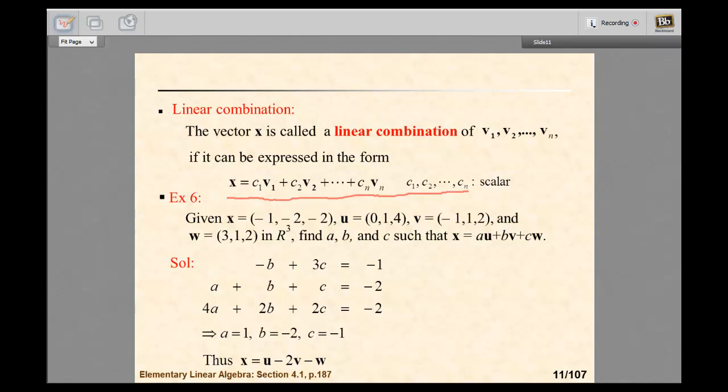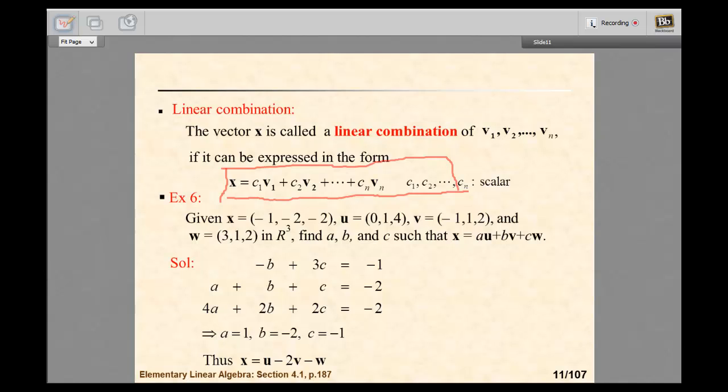For more detail, we will discuss linear combination in the next week. But I'm giving you a little idea about the linear combination. Whenever we write x is equal to c1 v1 plus c2 v2 plus c3 v3 plus cn vn, we say that it is a linear combination.